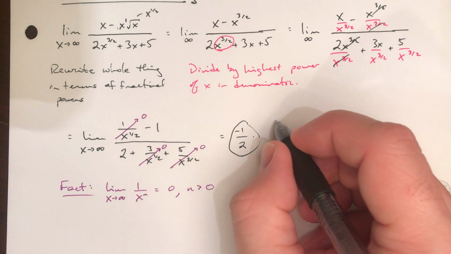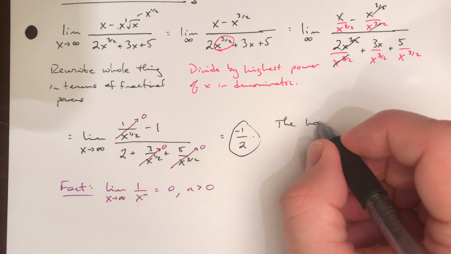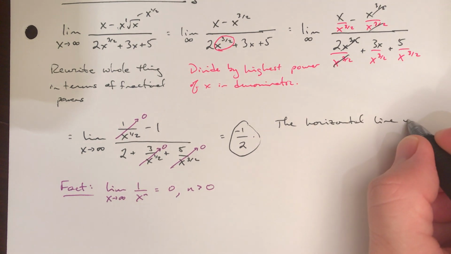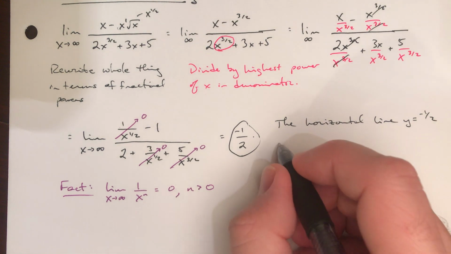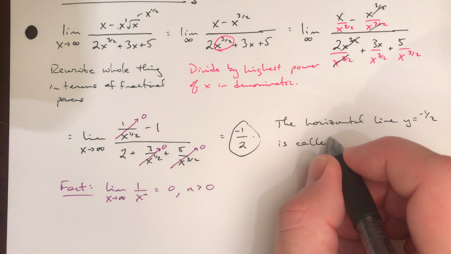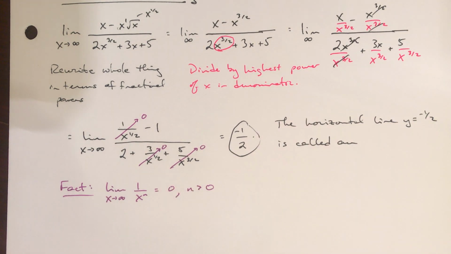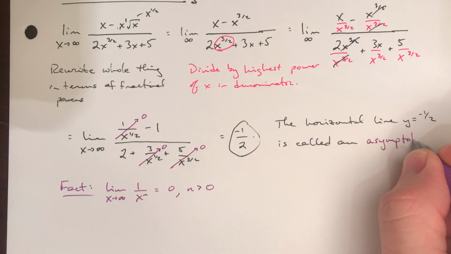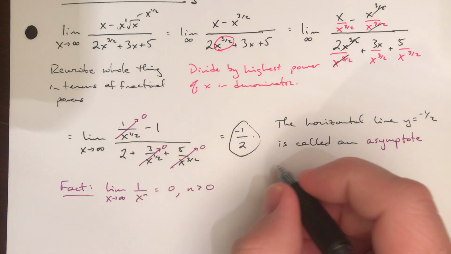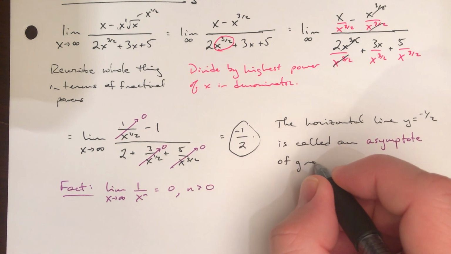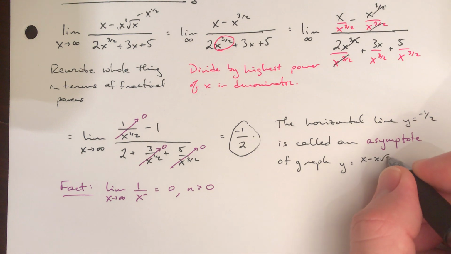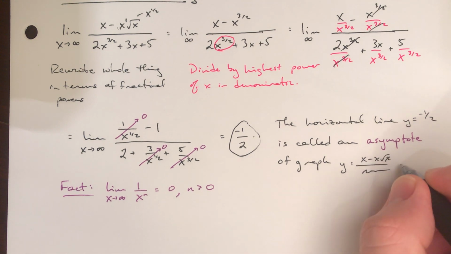This value, or the horizontal line, y equals -1/2, is called an asymptote of the graph y equals x minus x square root of x over all that stuff.